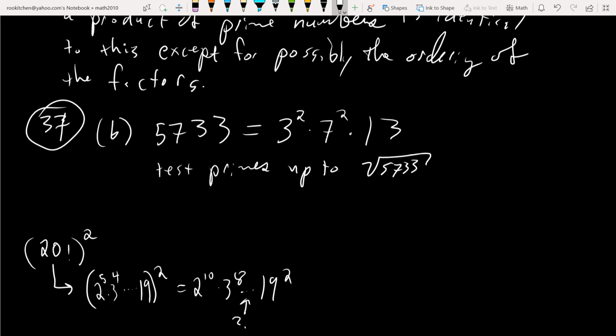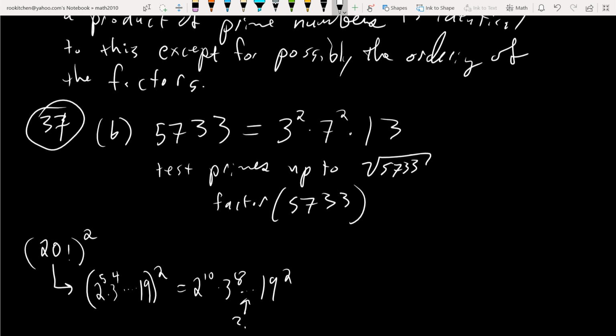You'll pretty much find all the primes, and then you could use your calculator to figure it out. Your calculator may even have a factor button, so usually it's like factor 5733, and it'll just give you the answer, if you have a TI-89 or something.